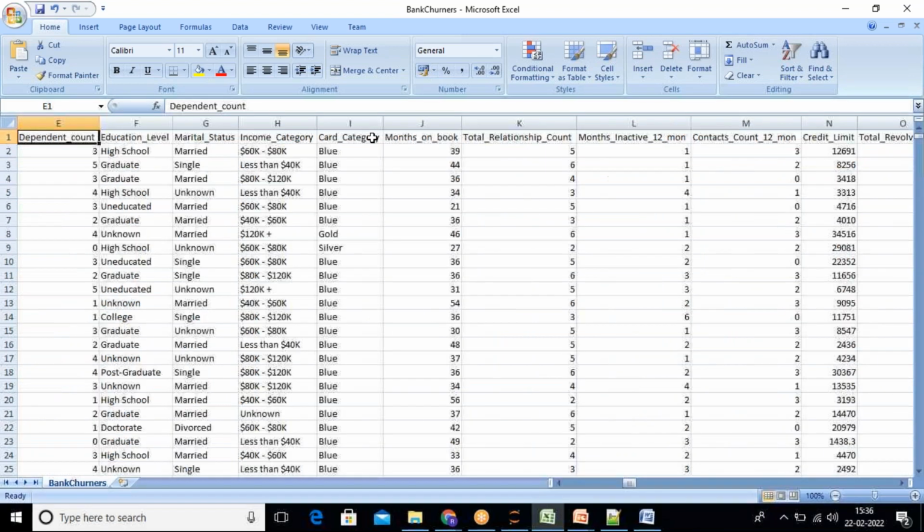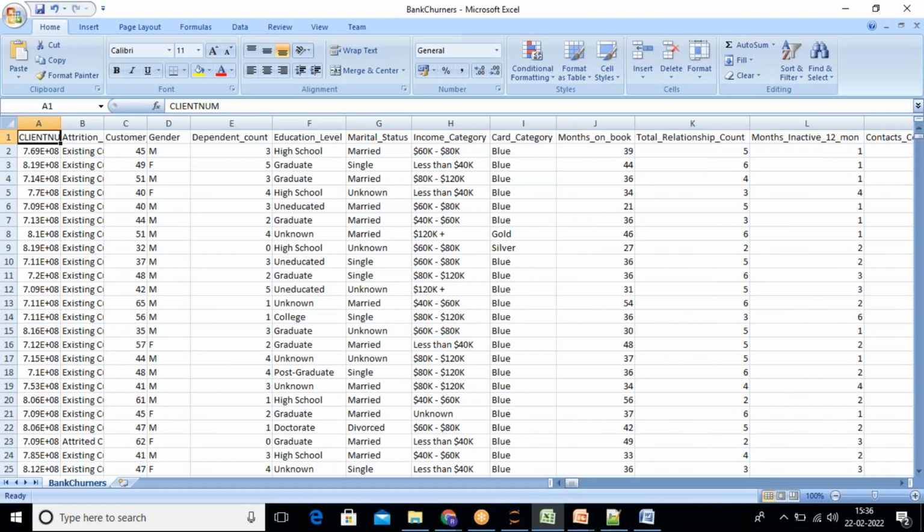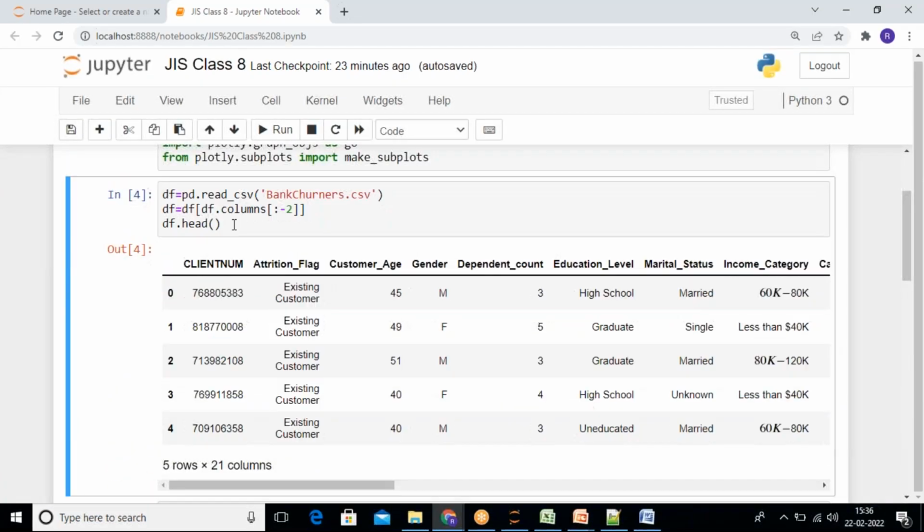Now, which one will be basically our target? Let me see the first 50 rows.